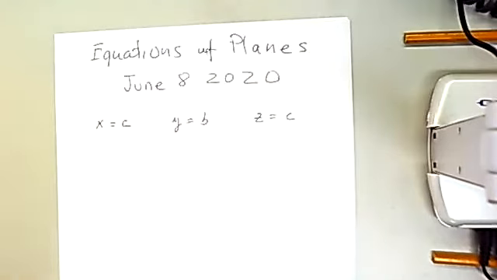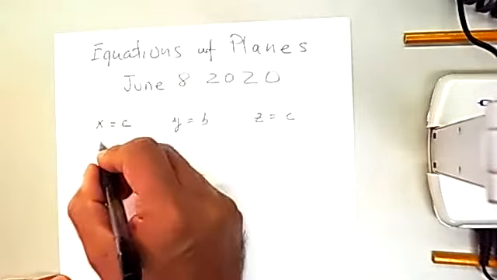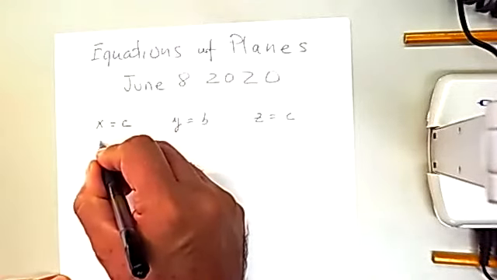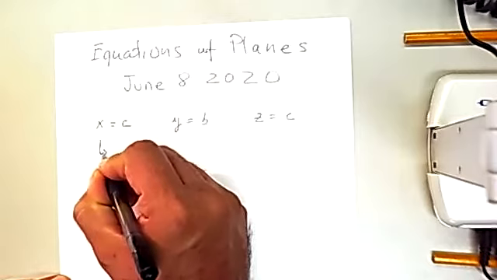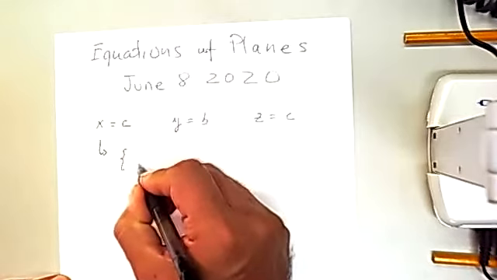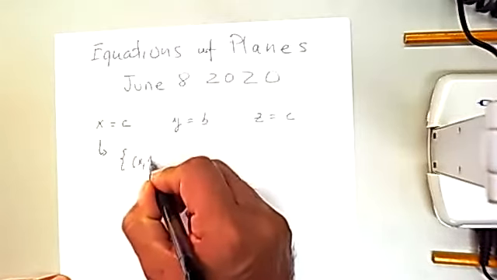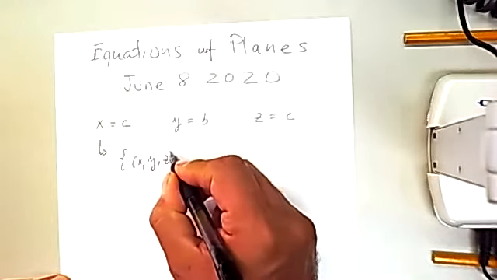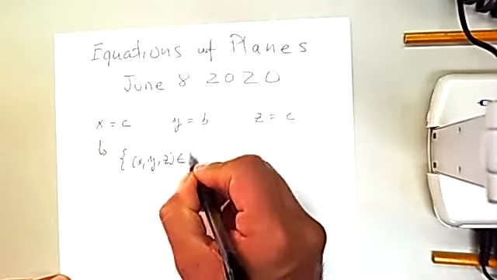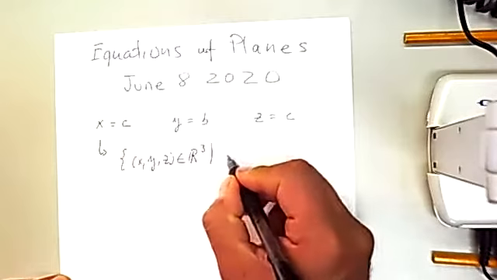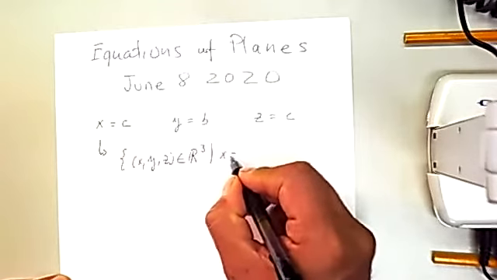Remember what we mean by those equations. What we mean by x equals a is the set of all the x, y, z's in R cubed such that x equals a.